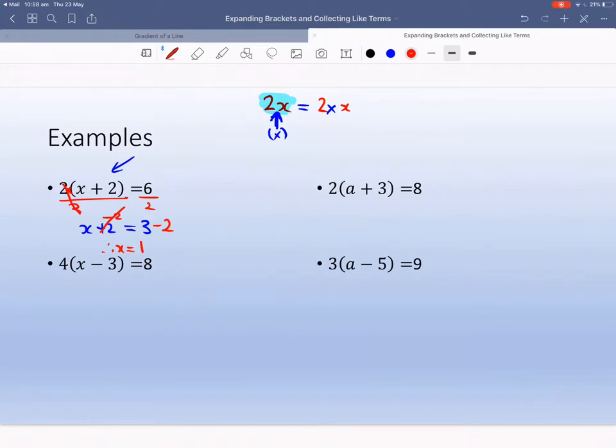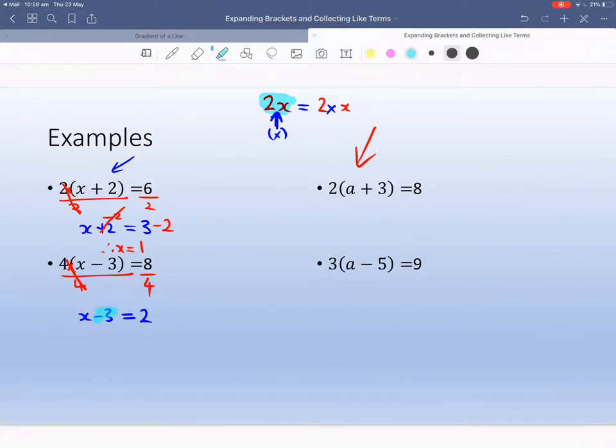All right, I'm going to do the next one, and then I want you to have a go at these two. All right. So I'm going to undo this times 4. So I'm going to divide by 4. So I'll divide by 4 here. So what am I left with? X minus 3 equals 8 divided by 4 is 2.